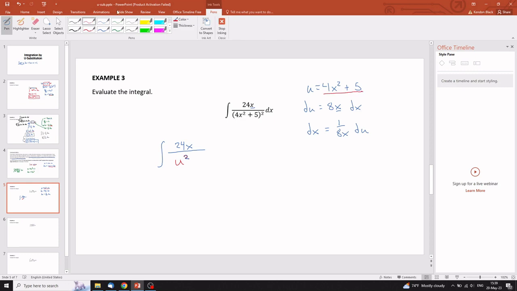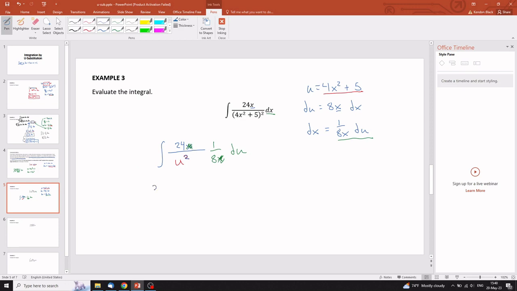And then the dx is 1 over 8x du. So this dx becomes 1 over 8x du. Okay, the x's cancel. 24 over 8 is the same as 3, and since it's a constant, we can pull that to the outside.